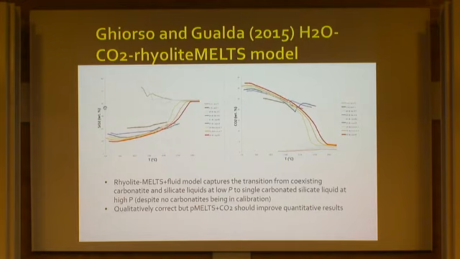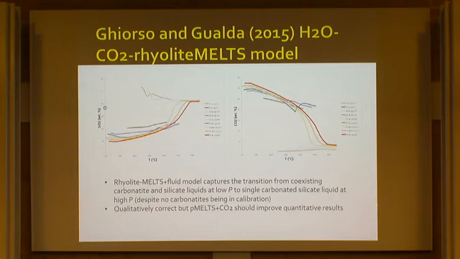So even though no two-liquid constraints were included in the calibration of rhyolite-MELTS with this fluid, there's nothing in the calibration from experiments where they measured carbonatite melts, it gives qualitatively correct phase relations.